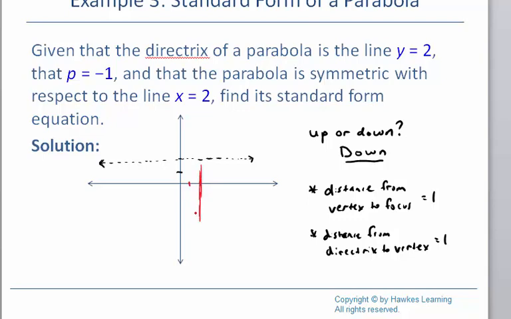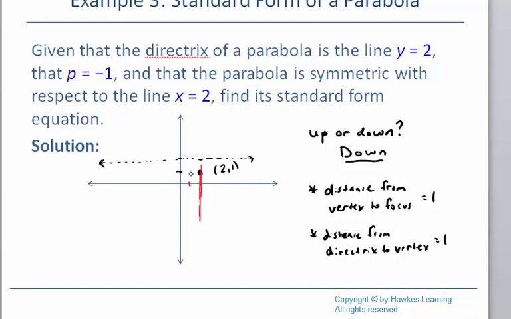And I also know that my vertex is 1 unit away from the directrix. So if my directrix is here, and I'm 1 unit away on the red line, then I've got to be here for my vertex. So my vertex is going to be the point (2, 1).